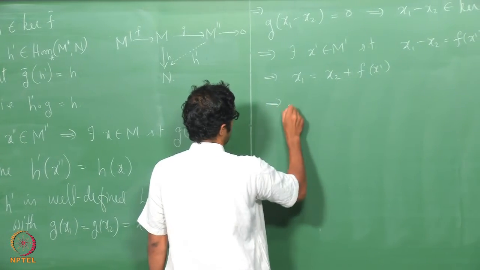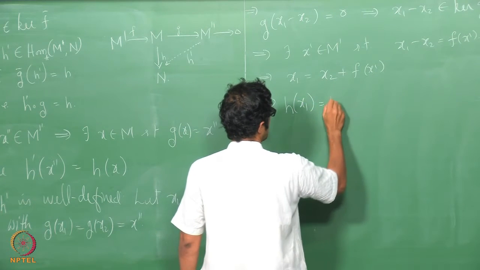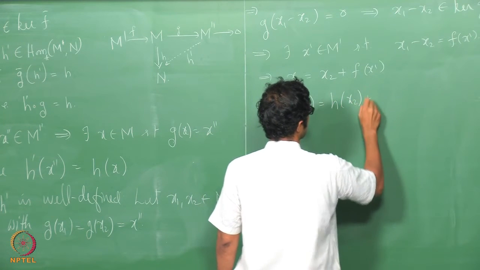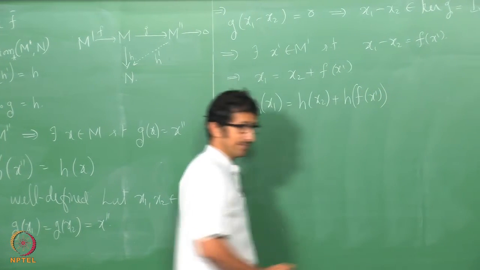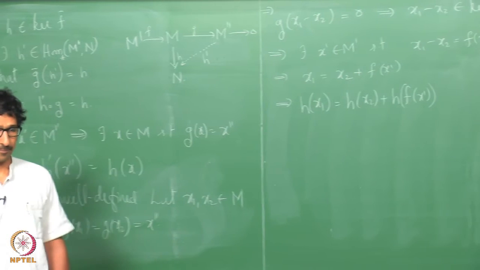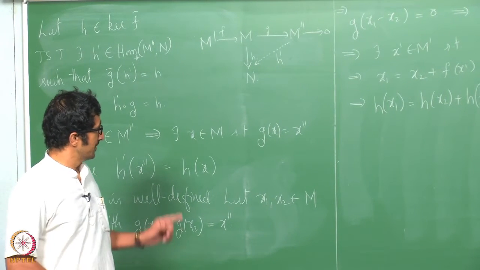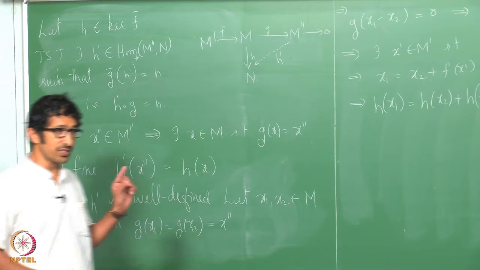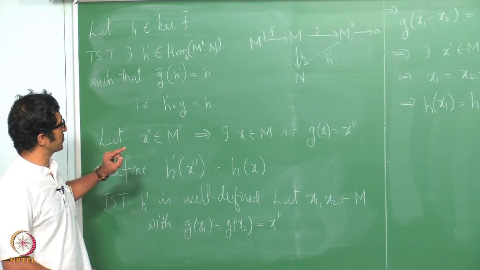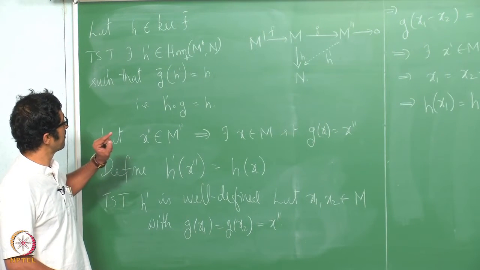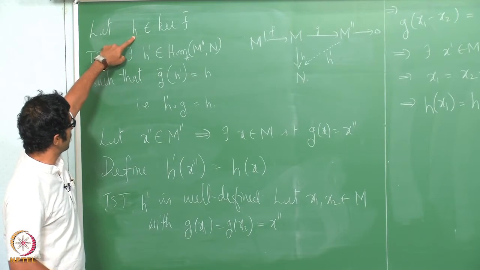Now, therefore, what is h of x1? This will be h of x2 plus h of f of x prime. Now, we have not used the fact that H belongs to kernel of f bar.